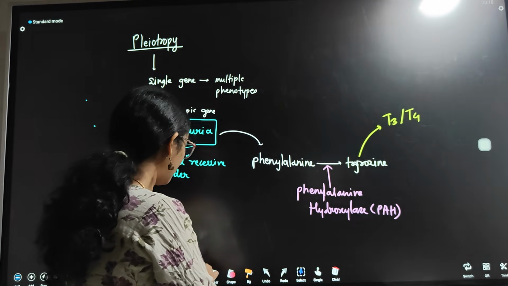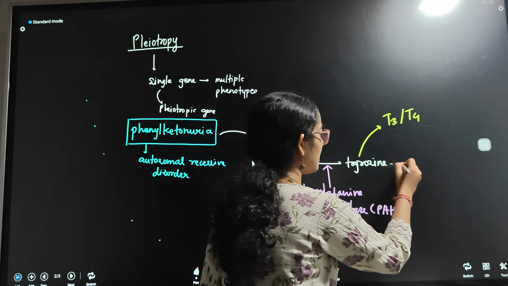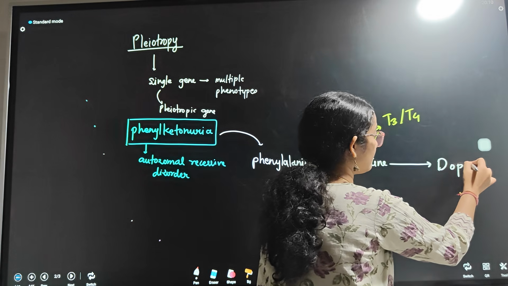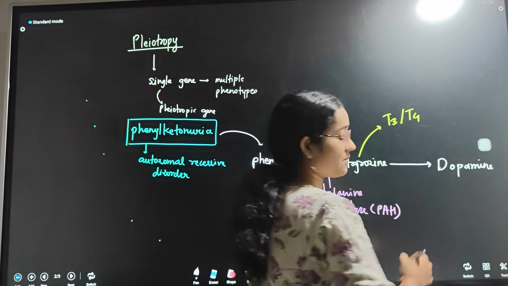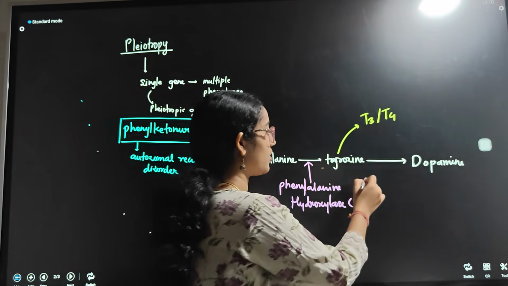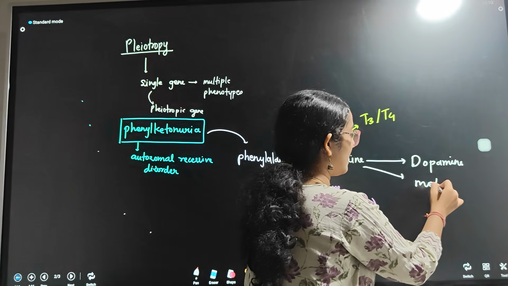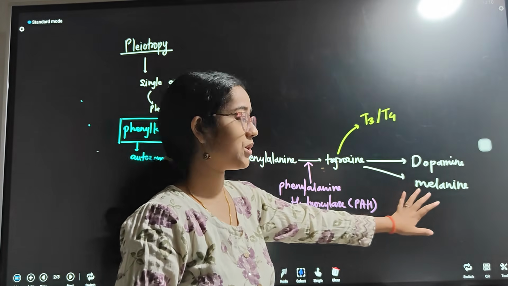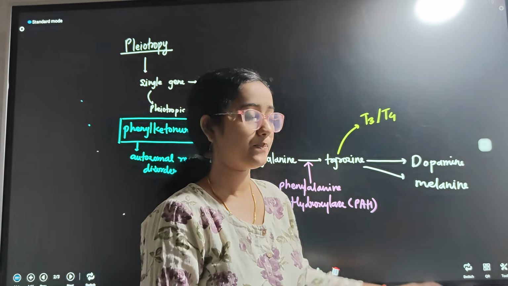Now, one more thing: tyrosine further helps in the formation of dopamine, which is a very important neurotransmitter, and it is also important for the formation of melanin, which is a skin pigment that protects us from harmful UV rays.